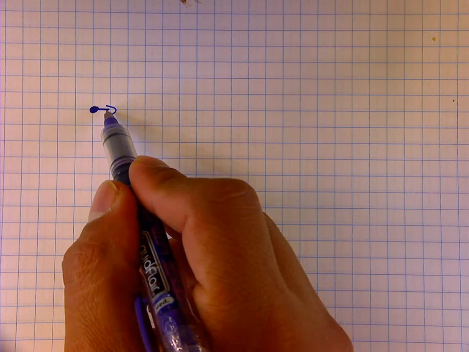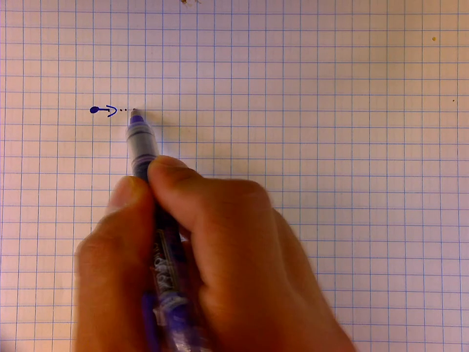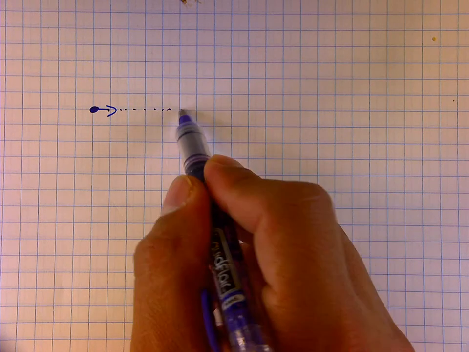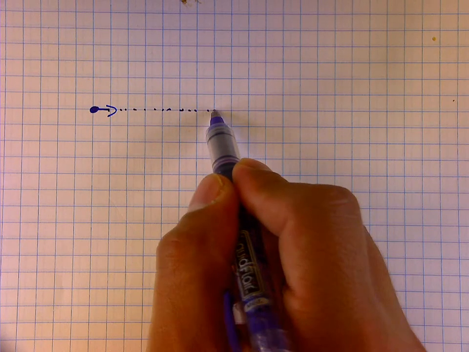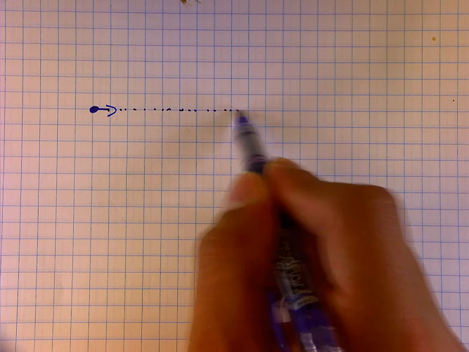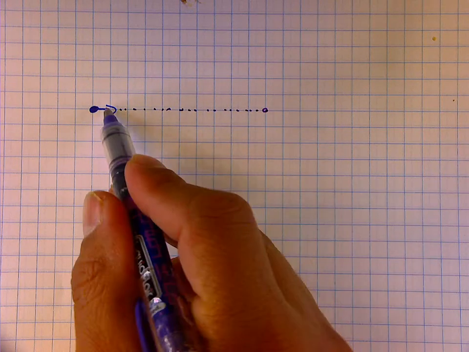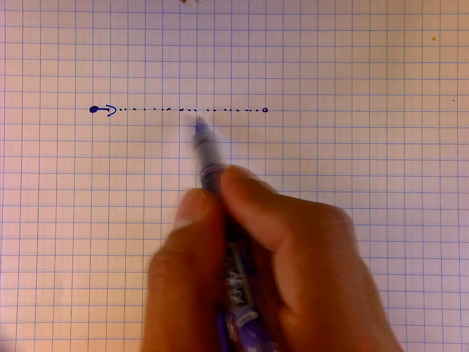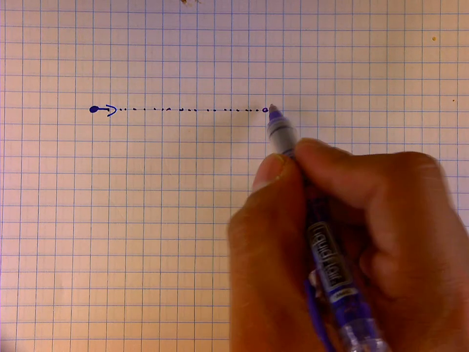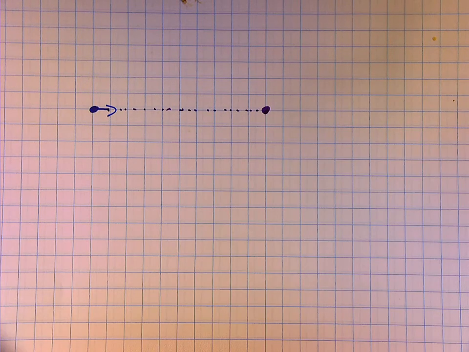If each one of these little hash marks is a foot, then your path will be walking 1, 2, 3, 4, 5, 6, 7, 8, 9, 10. And you will end up at this point.